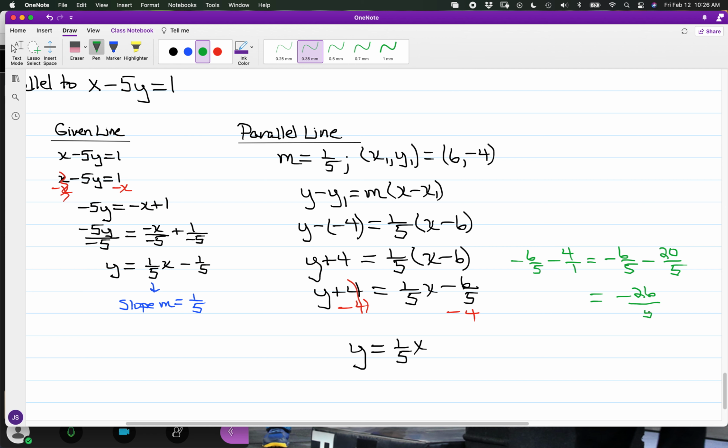And for the difference of fractions, we have minus 26/5. So we have here y is equal to 1/5 of x minus 26/5.